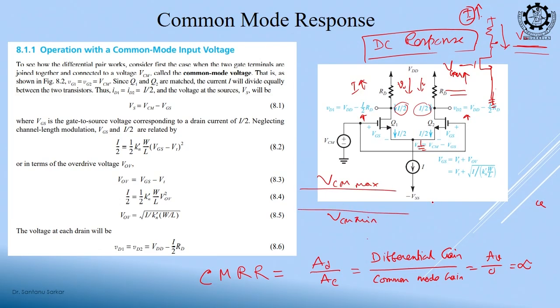So, this VCM, now you know, even if it varies, my output voltage will be fixed, but there should be a limit, right. So, who will define this limit? That I cannot increase input more than that, I cannot decrease input less than that. What is the governing parameter? What is the governing condition?